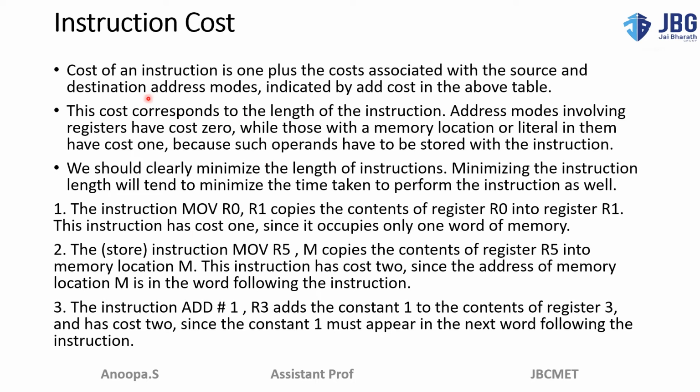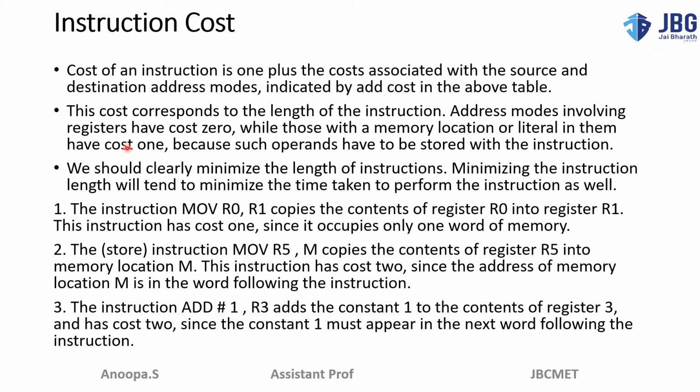The cost of an instruction is 1 plus the cost associated with the source and destination addressing modes indicated by added cost in the previous table. This cost corresponds to the length of the instruction. Address modes involving registers have cost 0, while those with a memory location or literal have cost 1, because such operands have to be stored with the instruction.